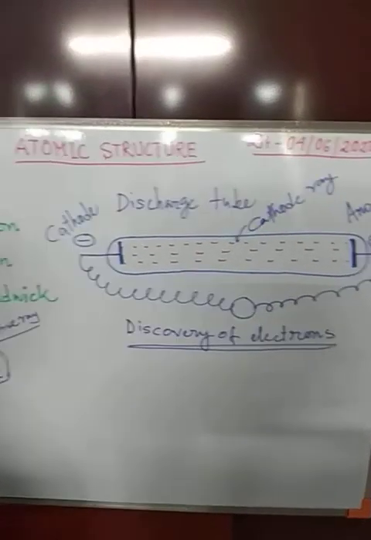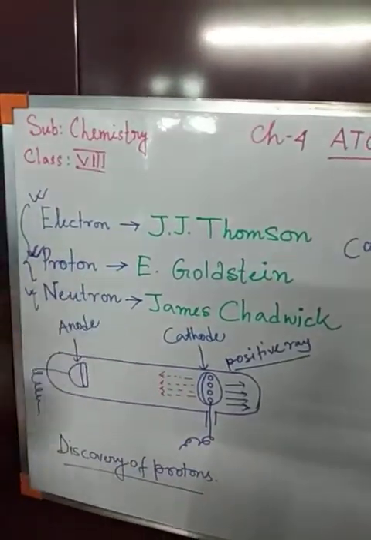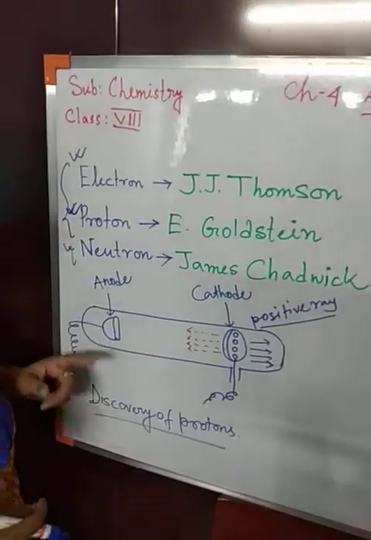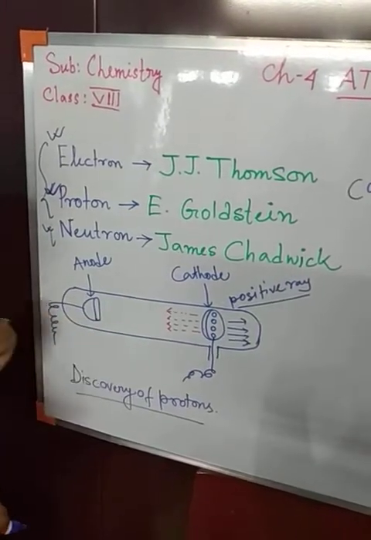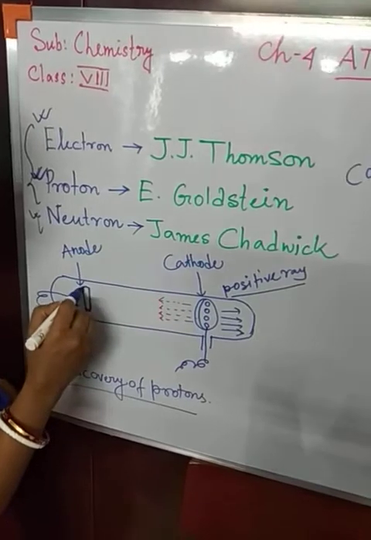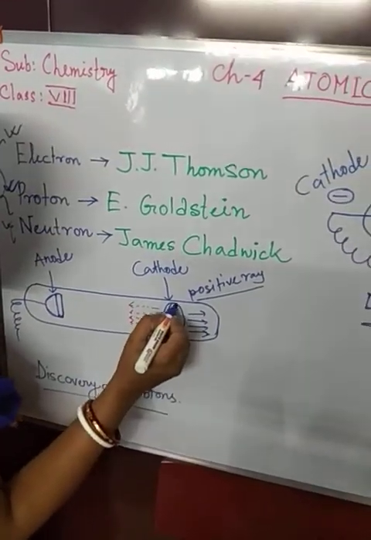Now come to the proton. E. Goldstein discovered the proton. Here also he took the discharge tube, a sealed glass tube, where the anode looks like this. This is the anode, and here he took a perforated cathode.